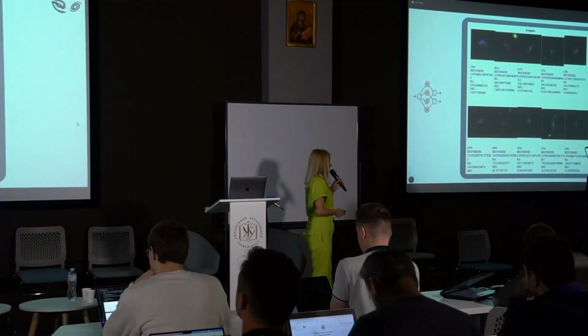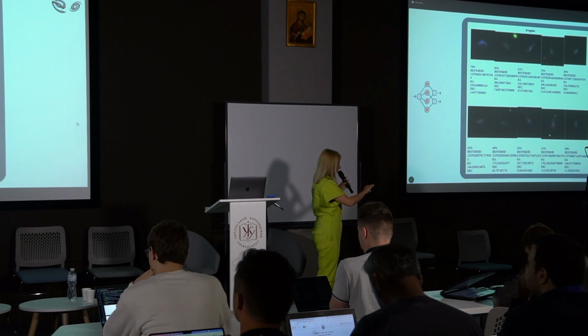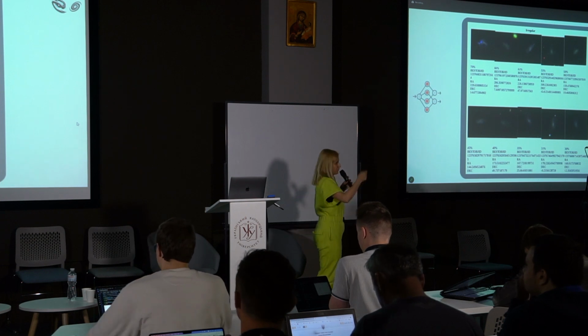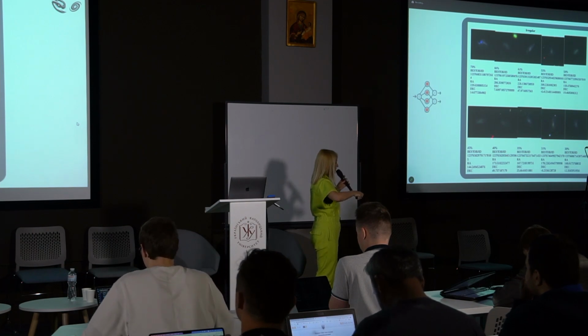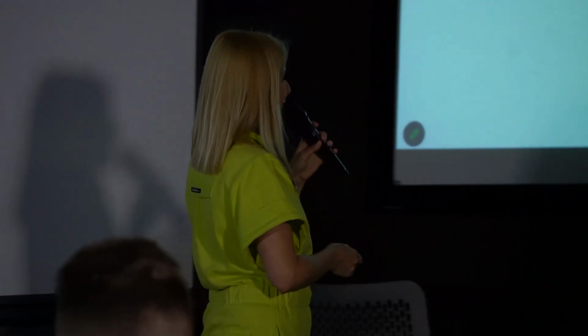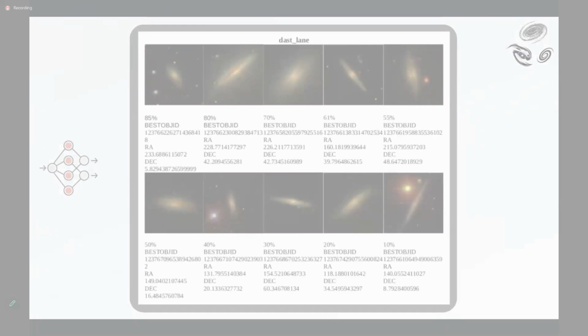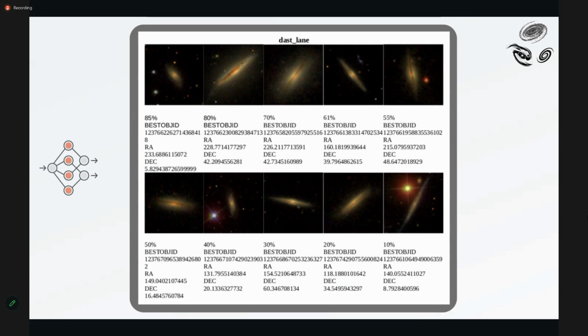It's interesting, because if you cut off a sample, for example, at 50% accuracy, here even at lower percent, it's also irregular. The next one is dust lane. It's more interesting, because after we took the result, we made a visual inspection of these galaxies, and we see that even at 10%, this galaxy has a dust lane.